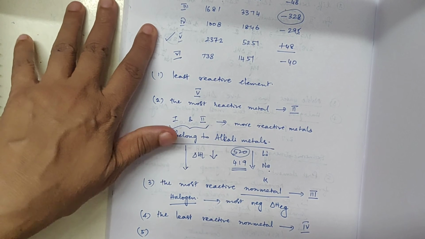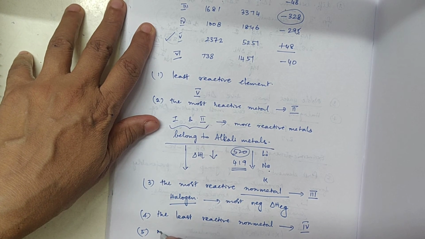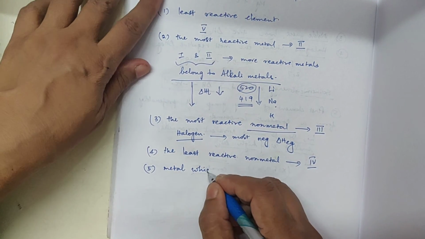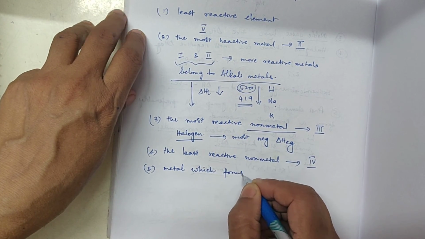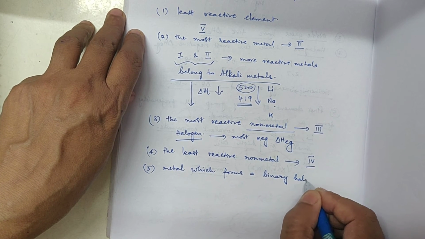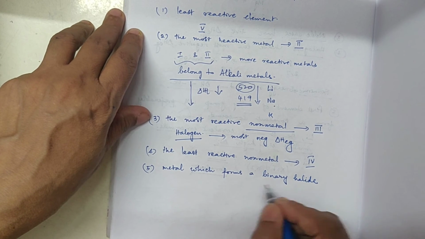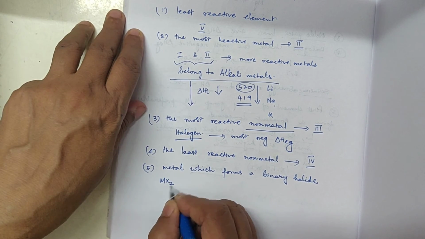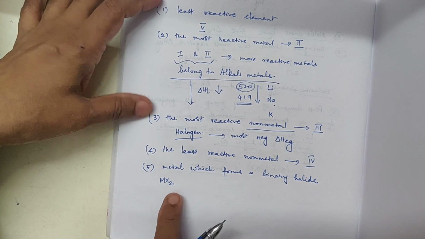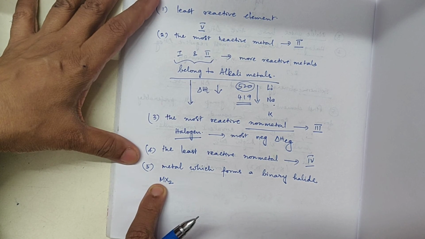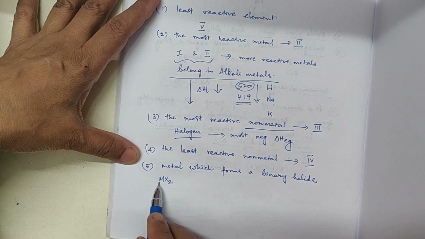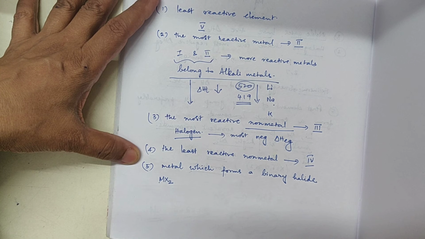Then the next one he is asking, the metal which forms a binary halide of the form MX2. That means the valency of M is 2 and that of X is 1. You know the valency of halogen is 1. And this 2 shows the valency of the metal.